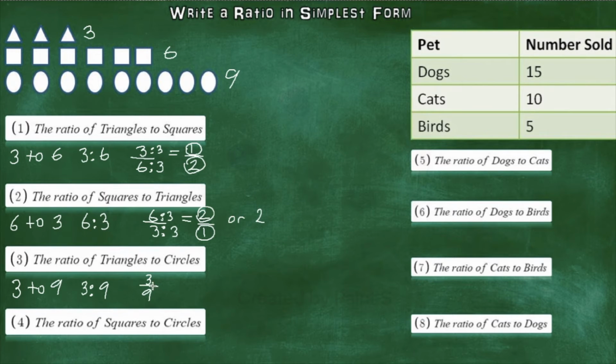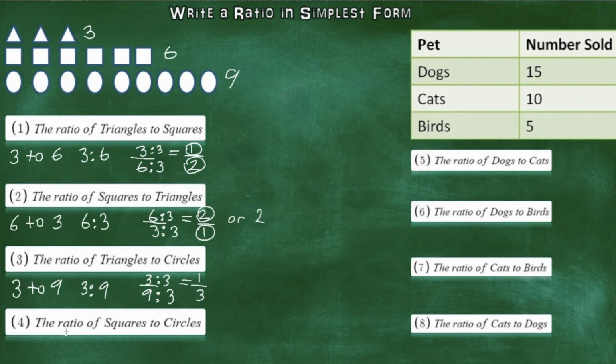As you see, we can simplify this one also by 3. It will be 1 over 3, which means we have 3 times more circles than triangles.